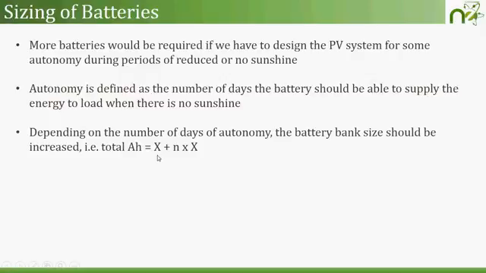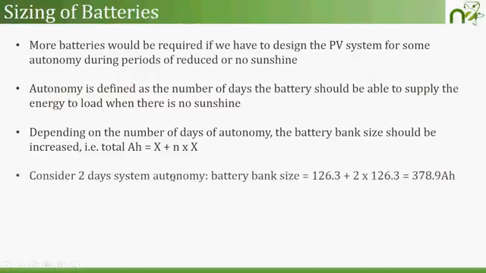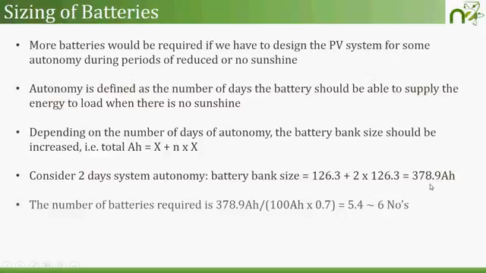It is X times N, where X is the current capacity and N is the total number of autonomy days that you want. We have the current capacity as 126.3, and 2 is the number of days of autonomy we want. The revised battery rating with 2 days of autonomy will be 378.9.